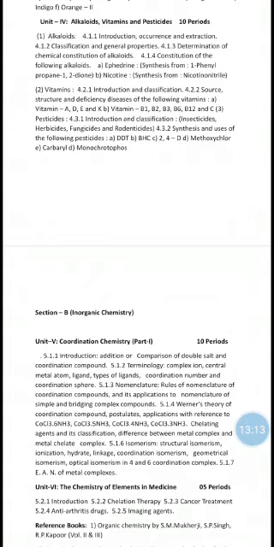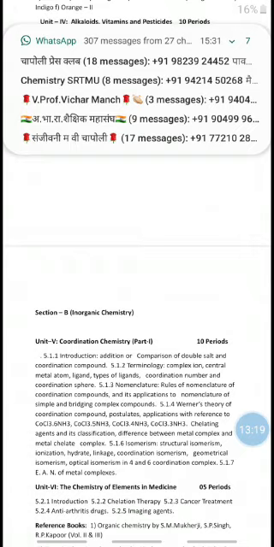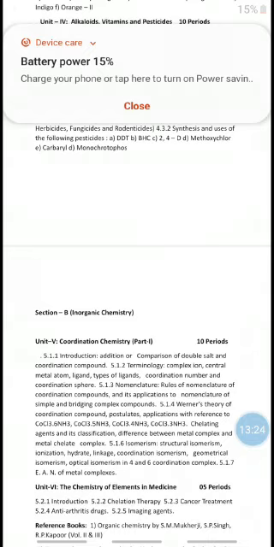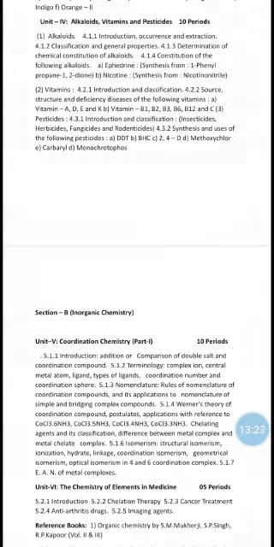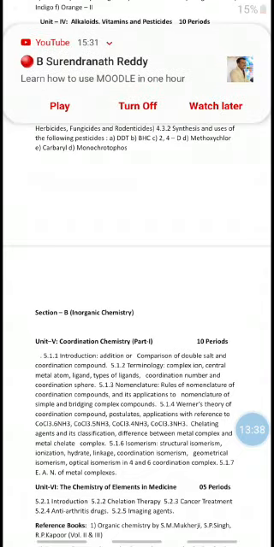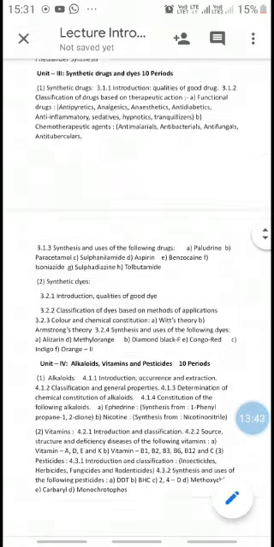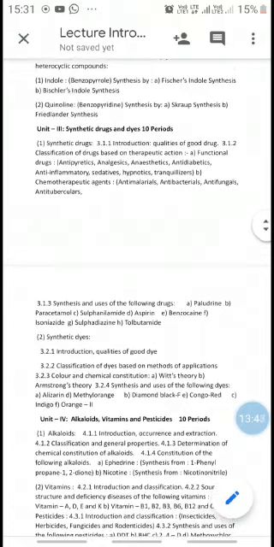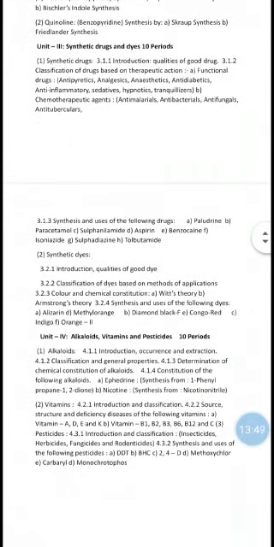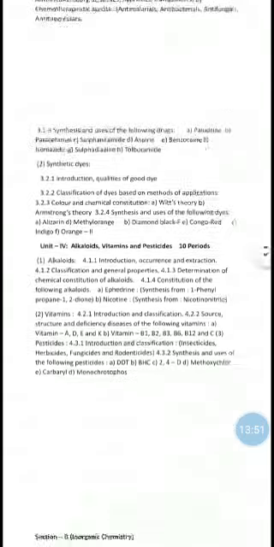This is the structure of the organic chemistry section for your B.Sc T.Y. 5th semester chemistry syllabus. In this, we have gone through various topics such as heterocyclic compounds, either 5-membered, 6-membered, or fused, and synthetic dyes and drugs, alkaloids, vitamins, and pesticides.